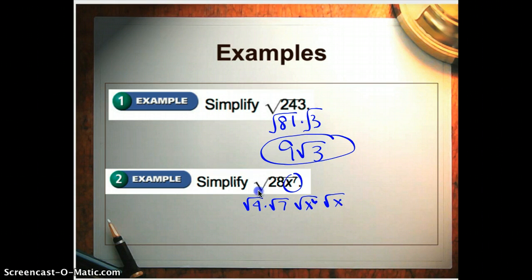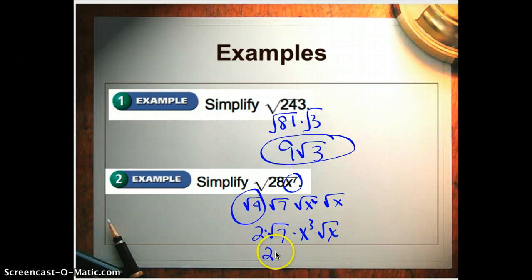Square root of 4 equals 2. Square root of 7 unknown, so just keep it square root of 7. Square root of x to the 6th equals x to the 3rd. Square root of x, unknown. But this doesn't look very pretty. I like to simplify it. And remember, when you're multiplying, order doesn't matter. So I'm going to put everything that's not in a square root together.